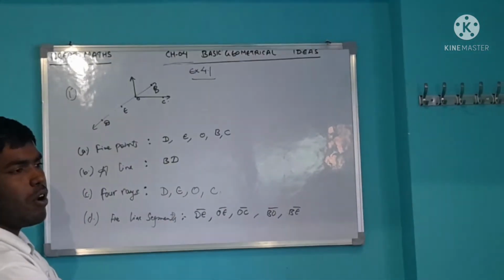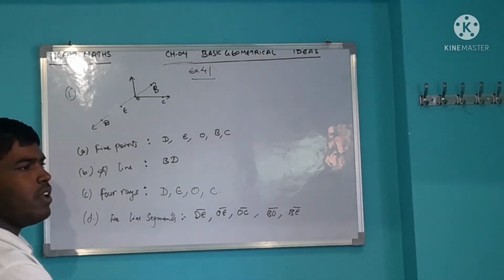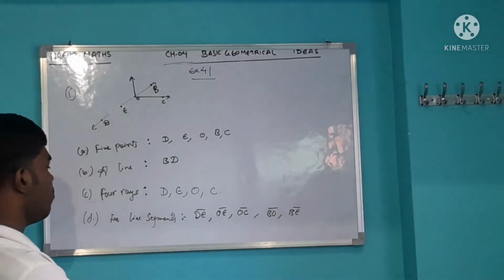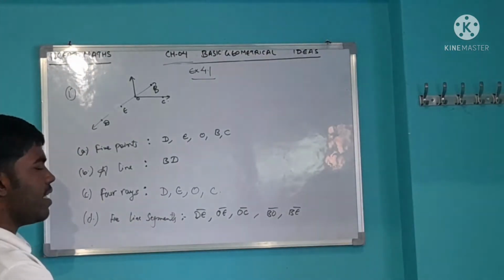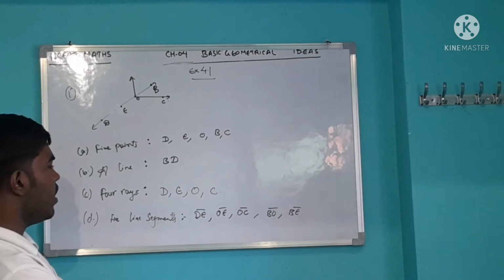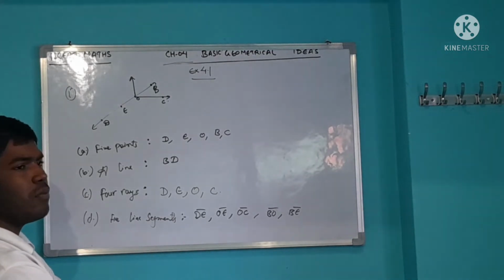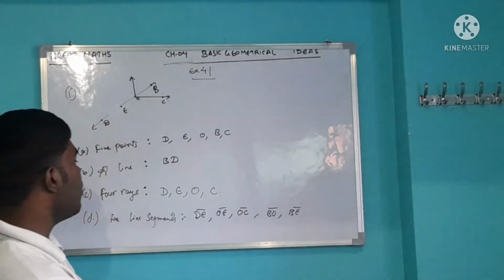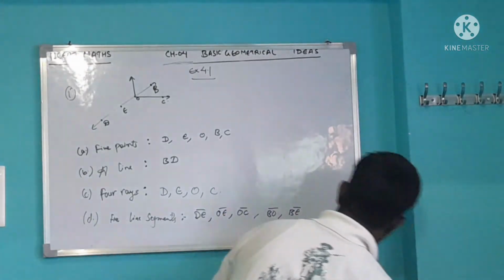A ray is a point through which infinite or unstoppable light comes out. In D part we need to find 5 line segments, and line segments are also a joining of 2 points for a particular part or area, and the line segment is represented by writing both points and putting a bar above the points.